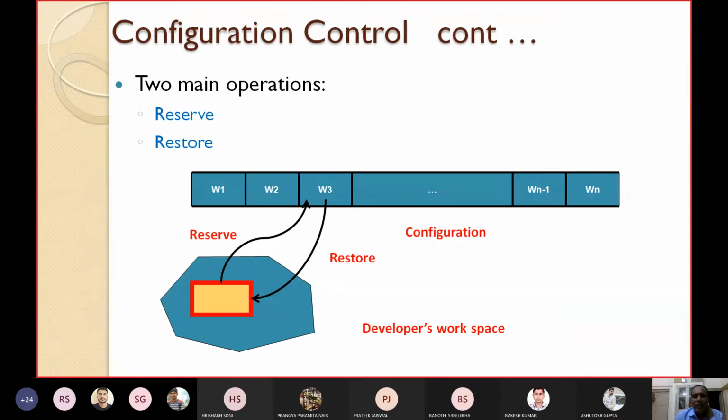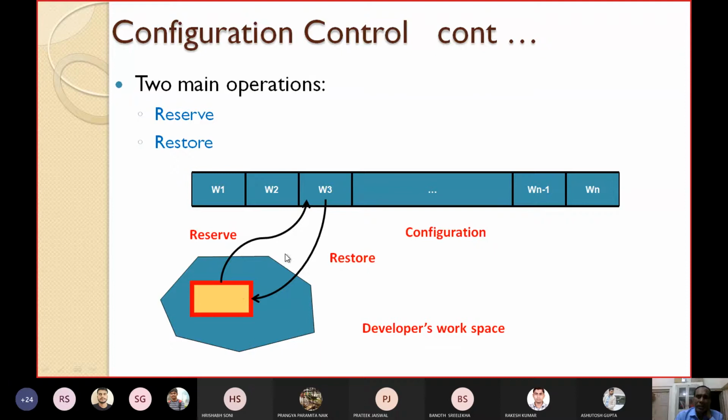It can be achieved by performing two operations. One is reserve, where the developer will reserve a module or a component by applying the reserve operation, so that no other person can reserve it, work on it, or access it. And when his modifications are over, he will take the permission from the project manager and test it.